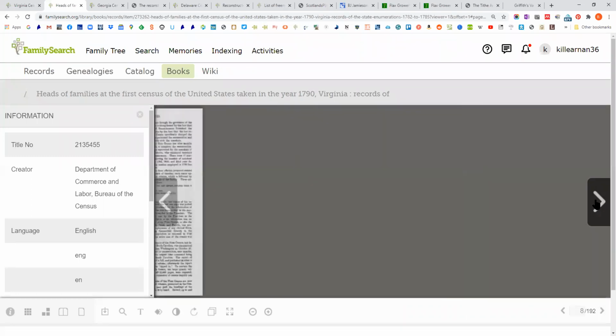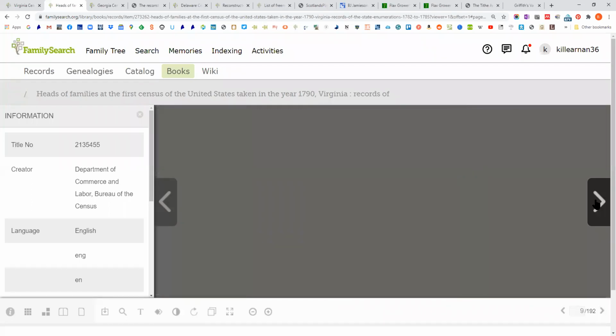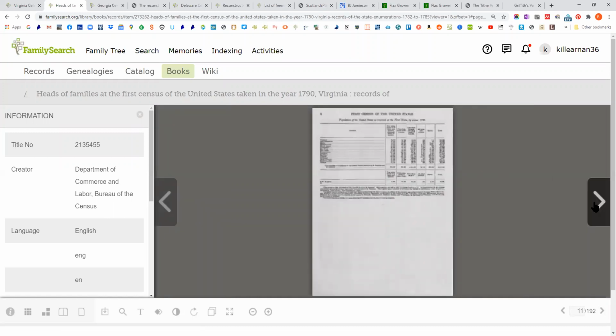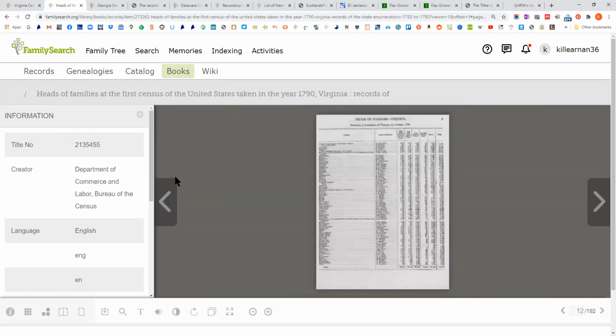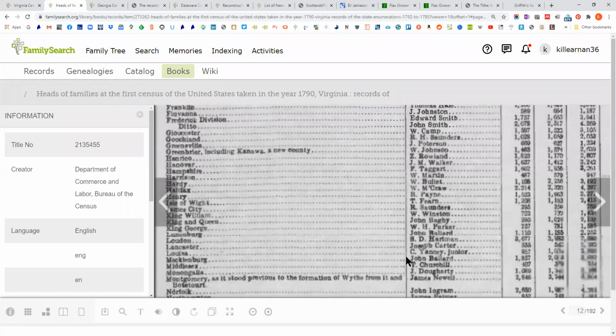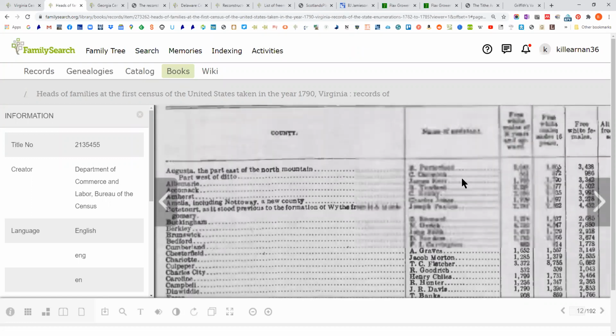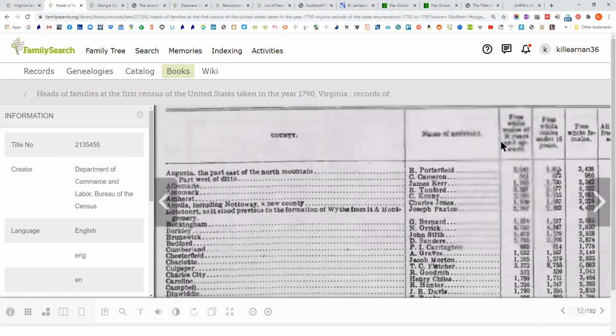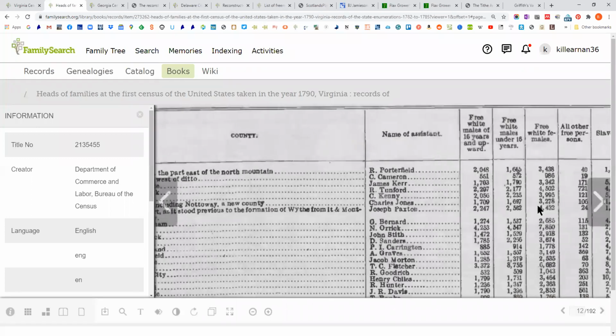You start to get some of the population statistics that still exist from the census, but not the names.